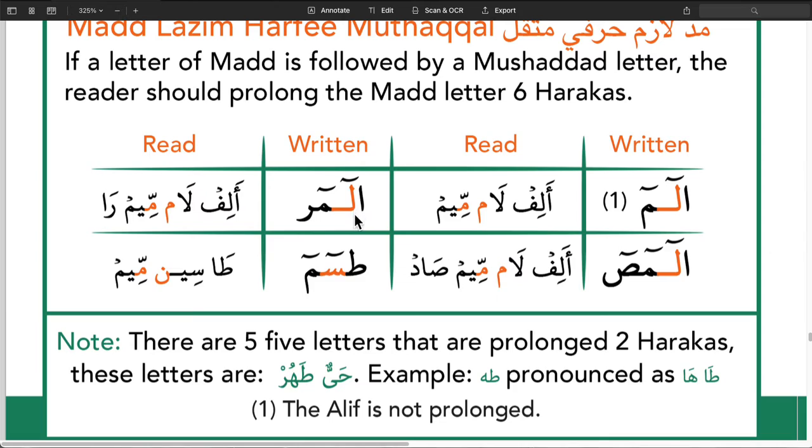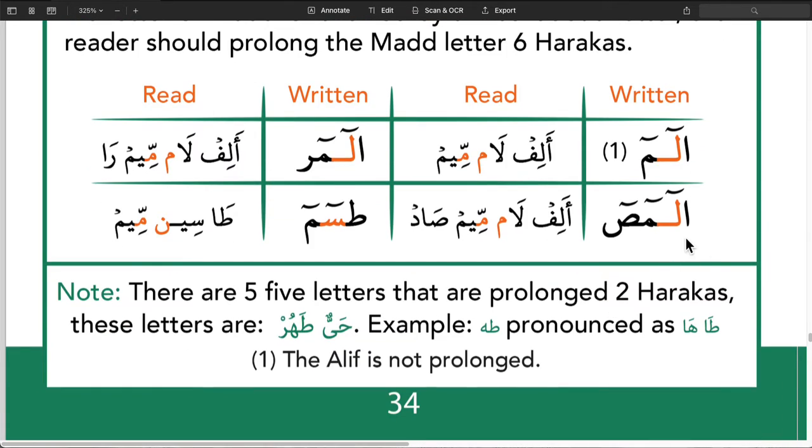Alif, lam, mim, ra. Ra is just 2 counts, as we say in the alphabet. If it was in the alphabet, it would be just ra, pulling. And then here, alif, lam, mim, sad, with qalqala at the end.